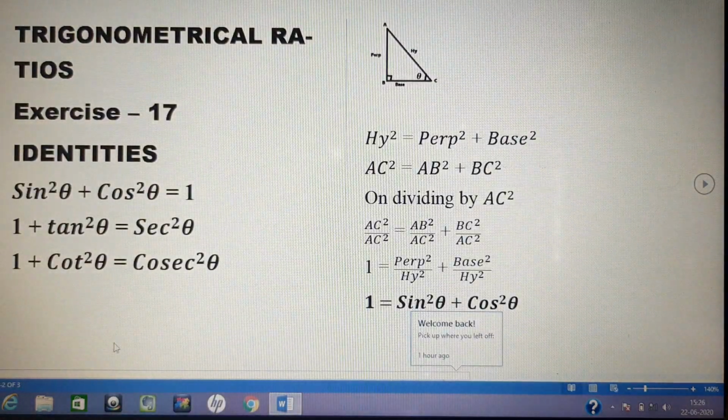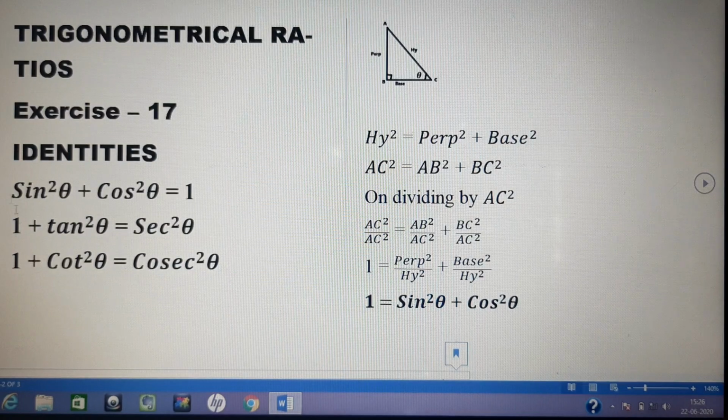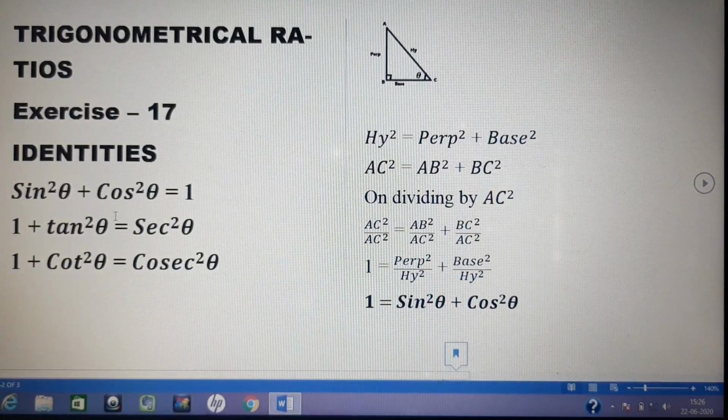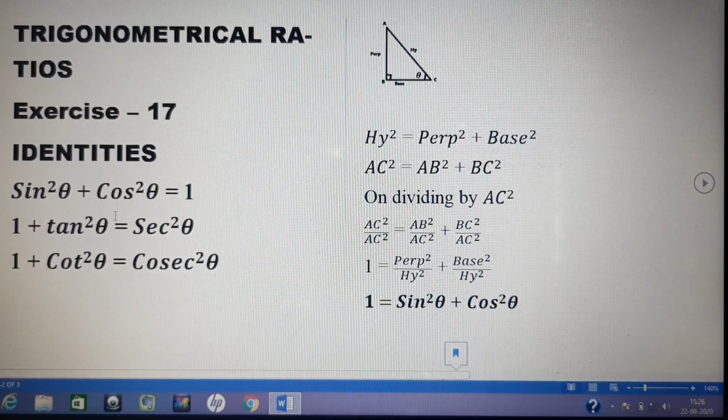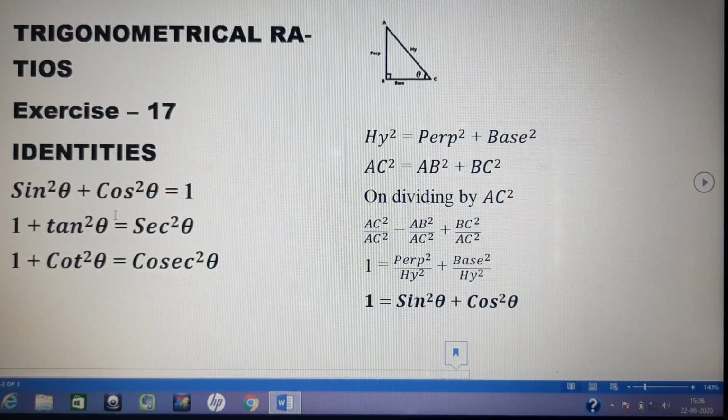If I show you, these three formulae are these. Sin square theta plus cos square theta is equal to 1. 1 plus tan square theta is equal to sec square theta. And 1 plus cot square theta is equal to cosec square theta.